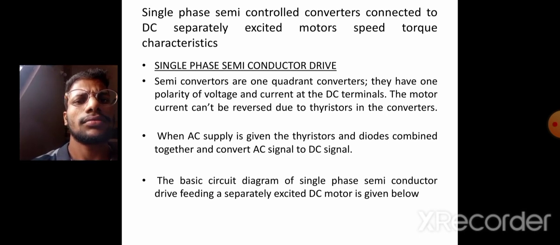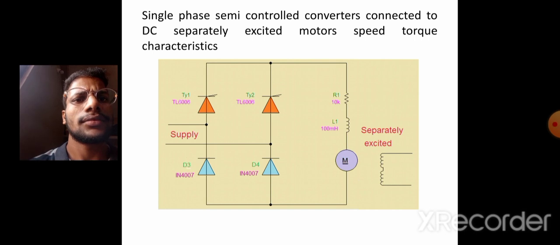The basic circuit diagram of a single phase semi converter drive feeding a separately excited DC motor is given below. And this is the circuit of the single phase semi controlled converter using a separately excited DC motor.